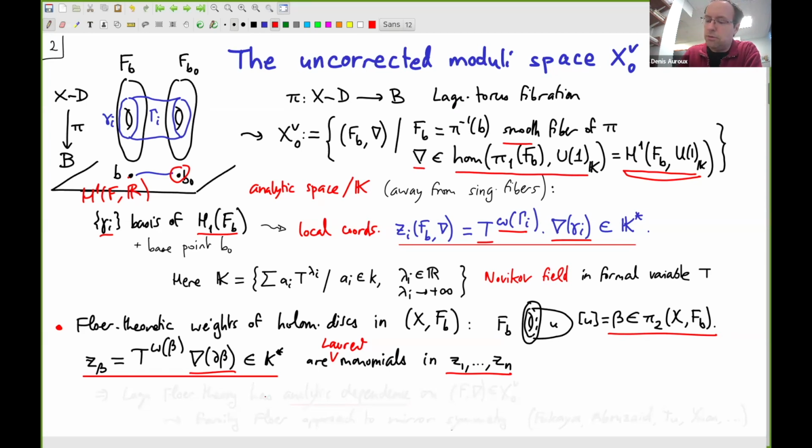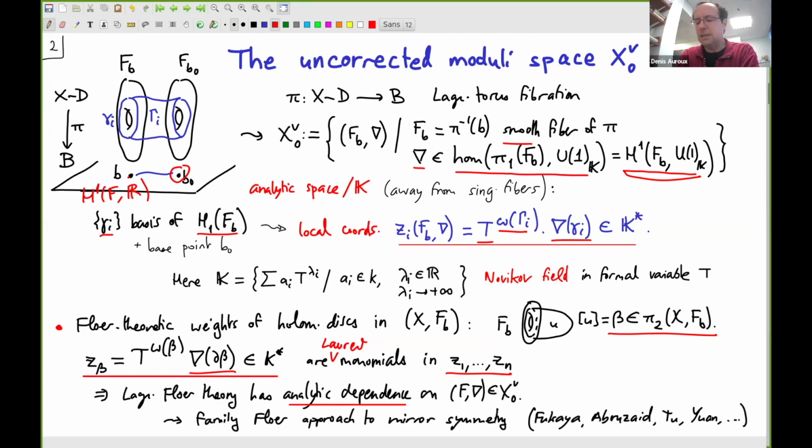And so the effect of this is Lagrangian Floer theory has an analytic dependence, we should say locally analytic dependence, on the position of your fiber and the local system. Essentially automatically, because as long as the disks you count or strips you count don't change qualitatively, all that changes is that their weights vary, and their weights vary by analytic expressions, and therefore things are analytic.